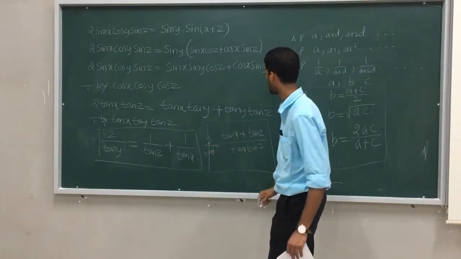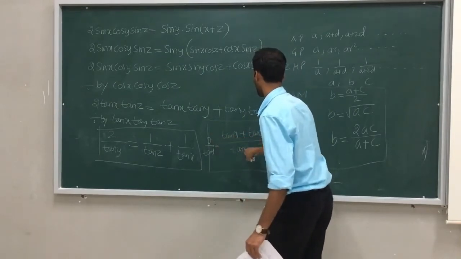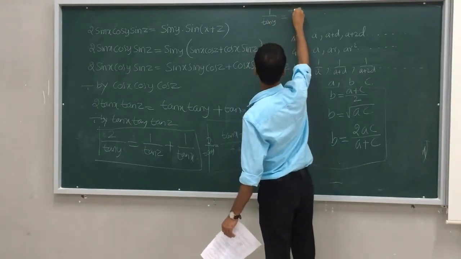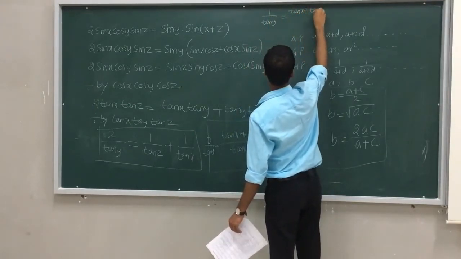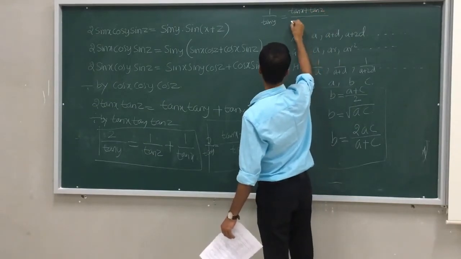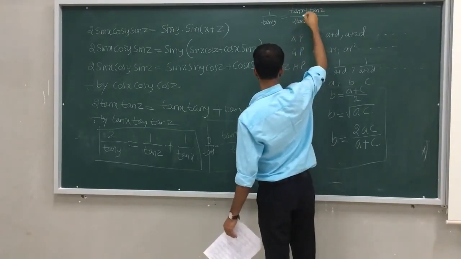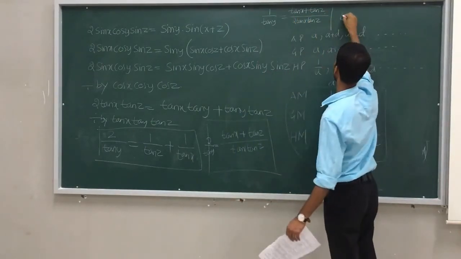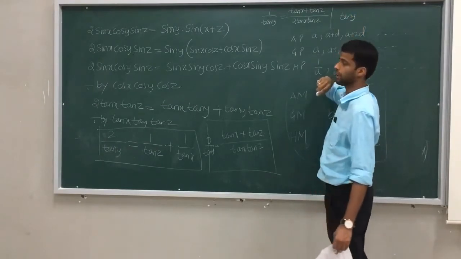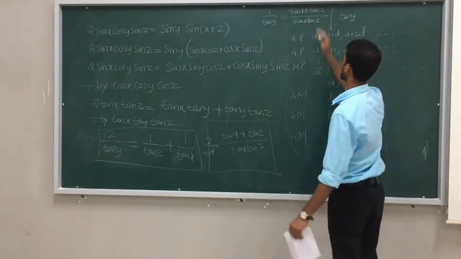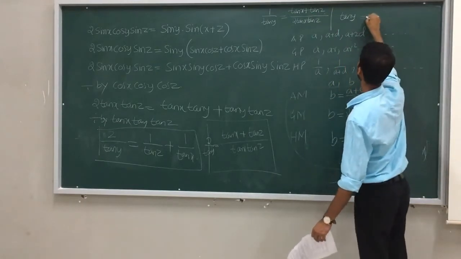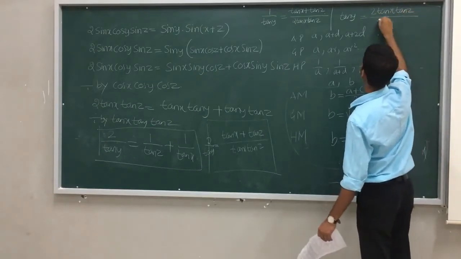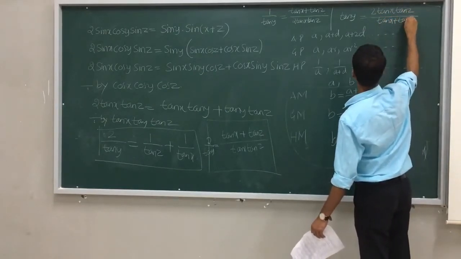Cross multiply: 1 by tan y is equal to (tan x plus tan z) upon 2 tan x tan z. Now reverse it, so 1 by tan y becomes tan y, equal to 2 tan x tan z upon tan x plus tan z.